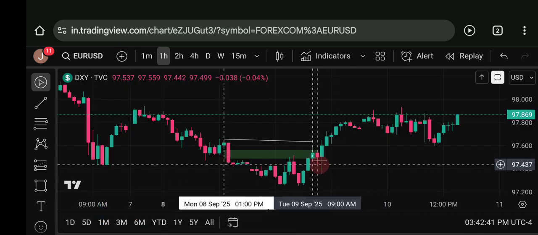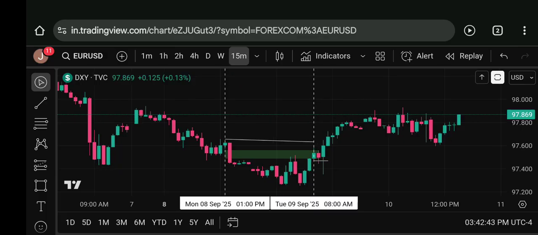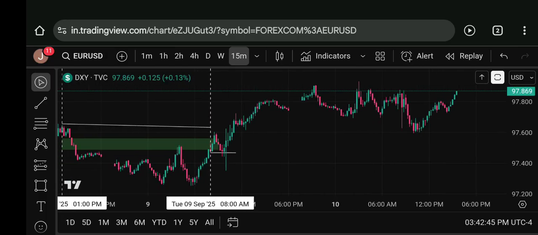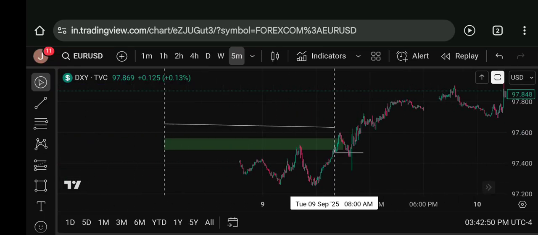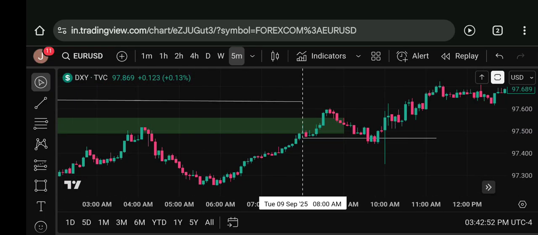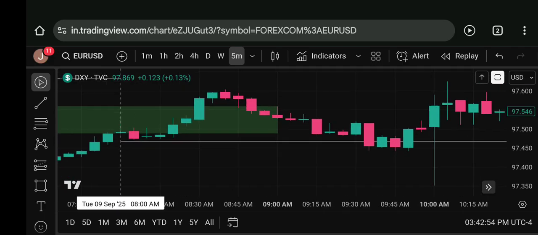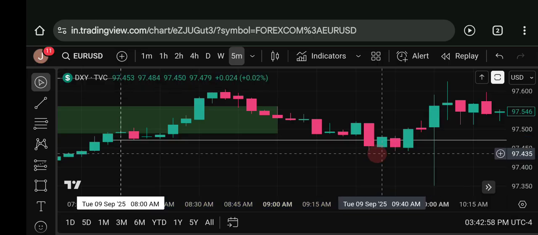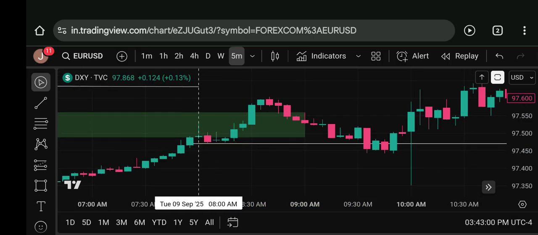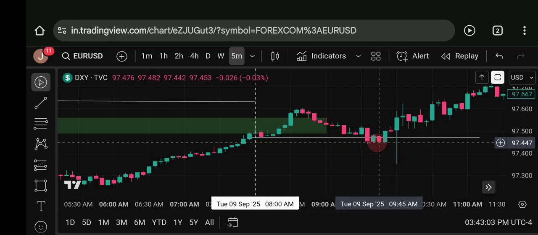And also you can see that opposing PDRA. But my only problem is I entered after this DXY market structure shift, as you can see here. You can see the bodies closed down below, but it was not a displacement.